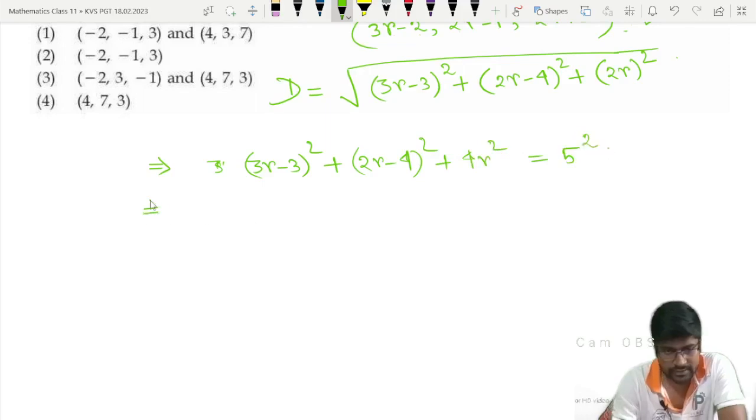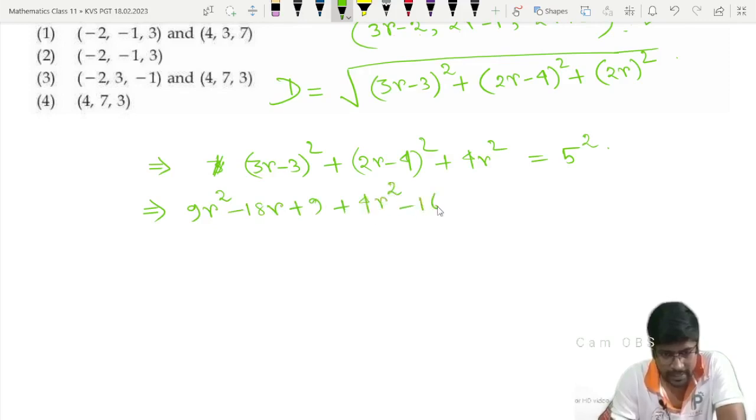Is it clear? So now just simplify it. Break the whole square terms. So I will get 9r square minus 18r plus 9, plus 4r square minus 16r plus 16 plus 4r square is equal to 25.